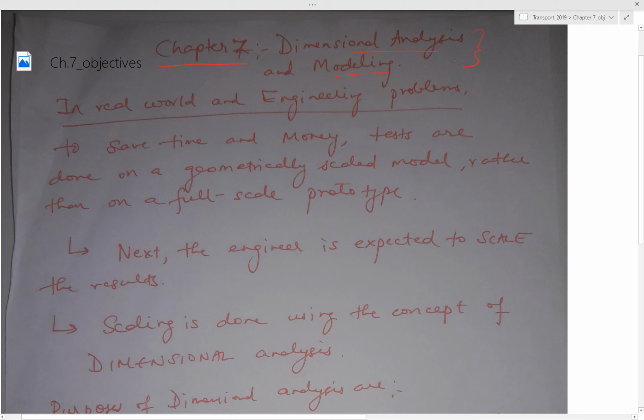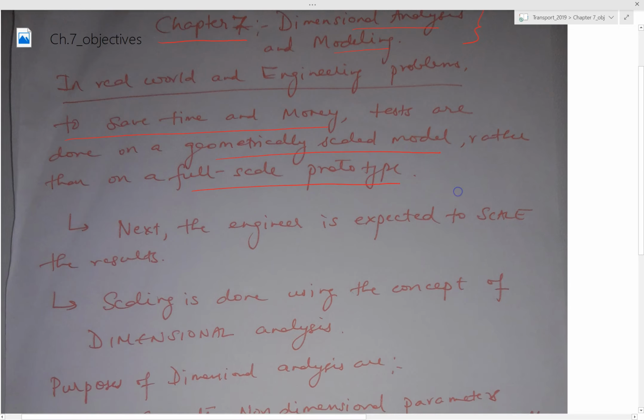So in real world and in engineering problems, most of the time what you see is, to save time and money, tests are being done on geometrically scaled models rather than on full-scale prototype, taking into account the economics and the cost expenditures involved. So first we select a geometrically scaled model.